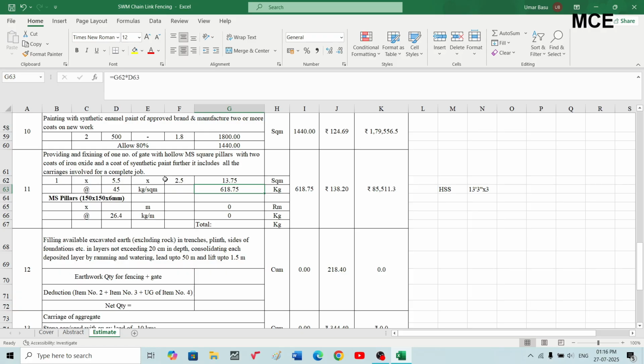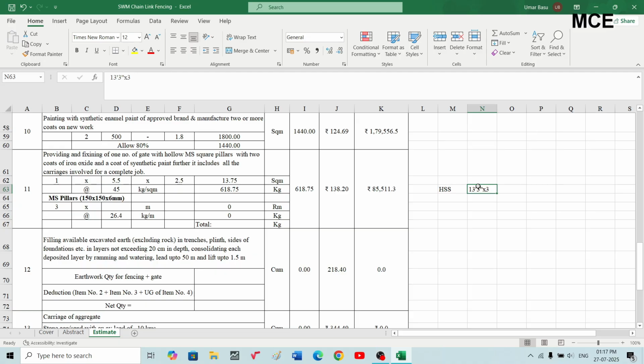And pillars, there will be 3 number of pillars, 3 MS pillars. Let us take the height of this pillar as 13 feet and 3 inches. And the section of these pillars is HSS, that is hollow square section of size 150 mm into 150 mm into 6 mm.